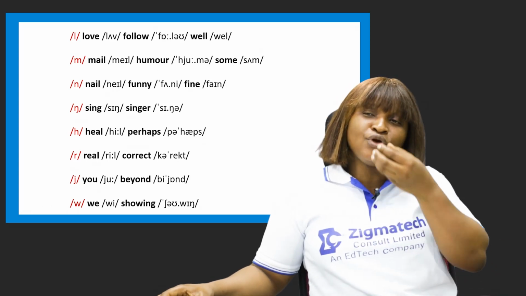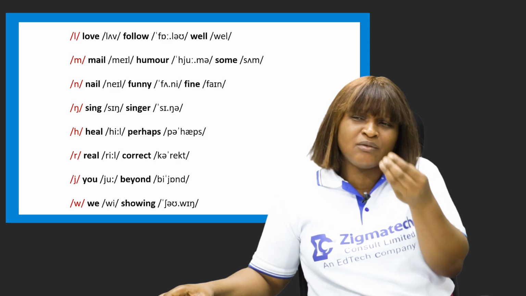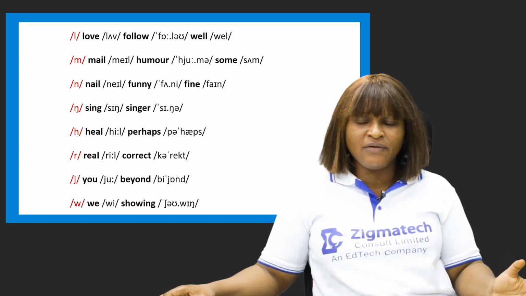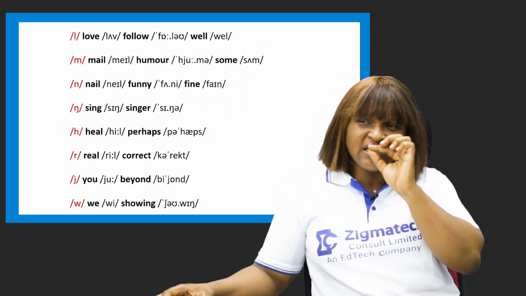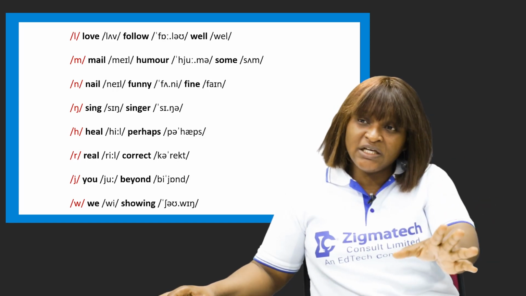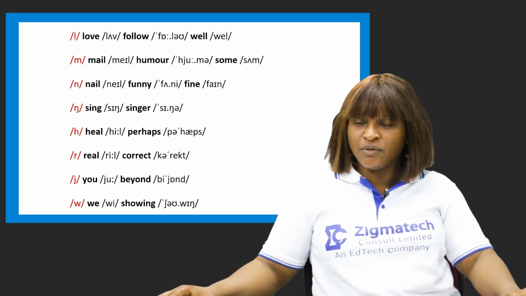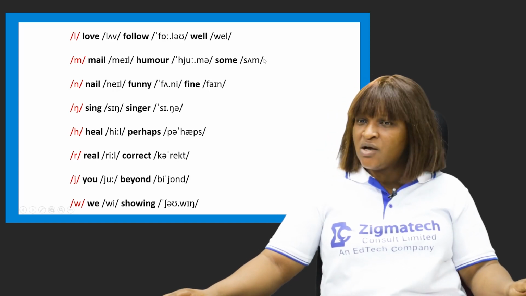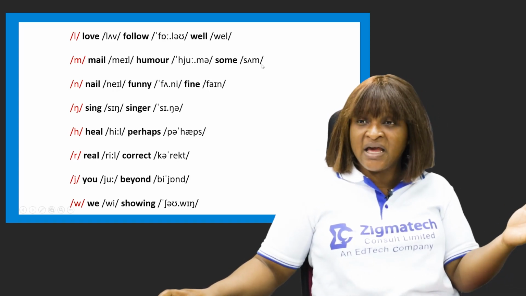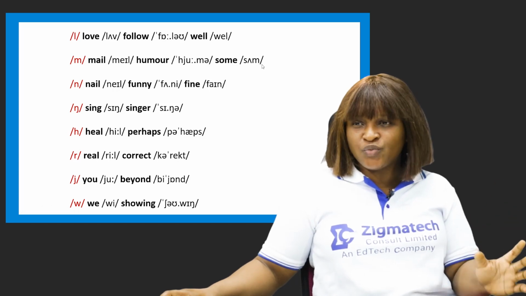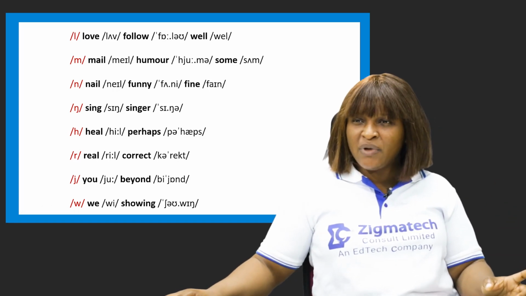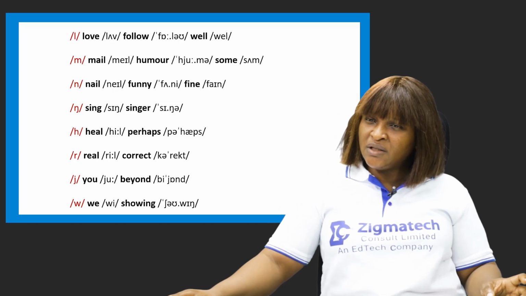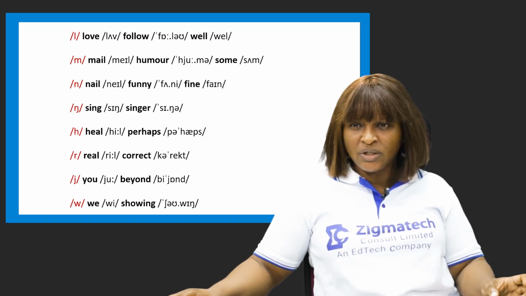So when you are pronouncing that very word, which sound ended the word? That's what we are looking at. The sound that ended the word is what you see at the final. So looking at the transcription we have, you see that the letter E was not pronounced. And at this point, we could say that some ends with the sound mo and not E.